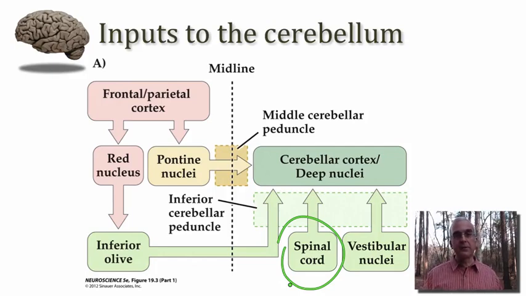This pathway runs on the ipsilateral side of the cerebellum and the spinal cord. So the cerebellum is getting information about the movements of the ipsilateral side of the body. The same is true for the upper extremity, and this pathway runs from the first order neuron in the spinal nerves that enter the dorsal column, and then there's a synapse in the external cuneate nucleus, the most lateral of our dorsal column nuclei, and from there the second order neuron projects into the cerebellum via the inferior cerebellar peduncle in parallel with that dorsal spinal cerebellar tract.